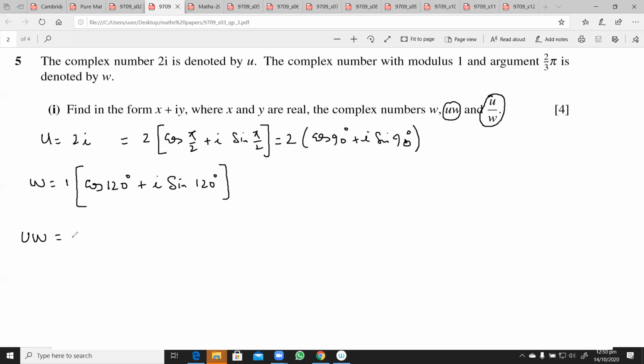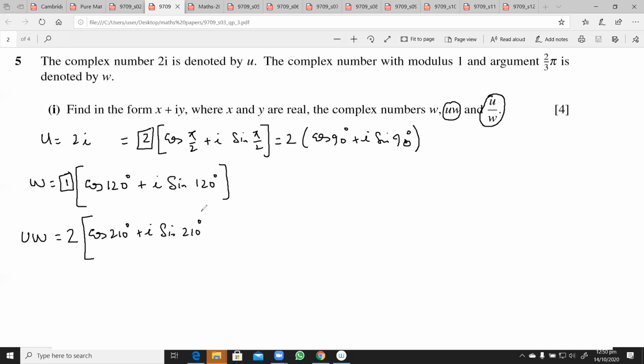You see, its modulus is 1 and its modulus is 2 here, so this will have a modulus which is 2. What will be the argument? You will add them up. So this will be cos 210 plus i sin 210.